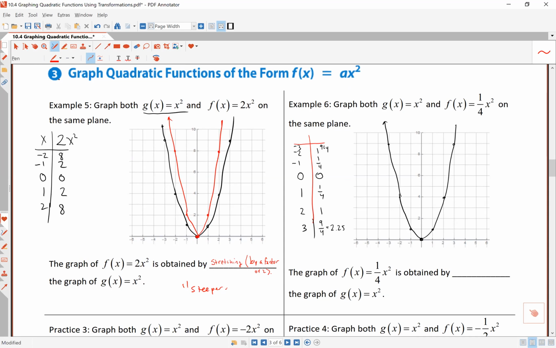So our new graph is going to go through 0, 0, 1, 1/4, 2, 1, and 3, 2.25. And because we can fit this on there, 4 would be 16 divided by 4 would be 4.